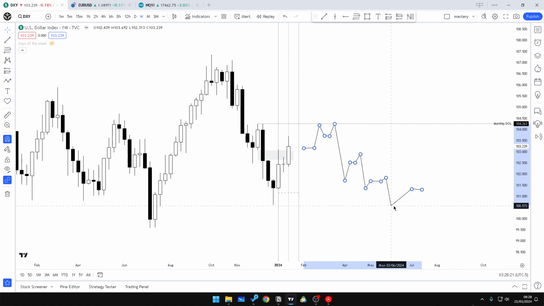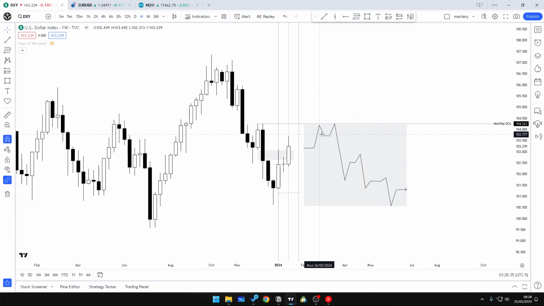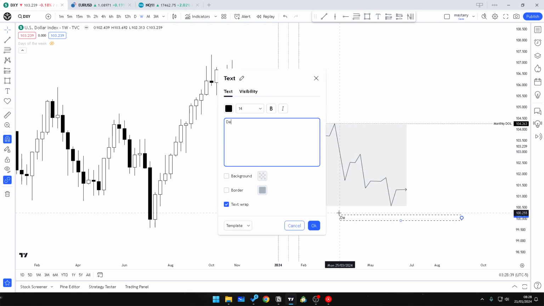It's not perfect, but the idea is not to be perfect. It is to explain better logic. So this was the December candlestick, from December high to December low, week 1, week 2, week 3. December 2023.